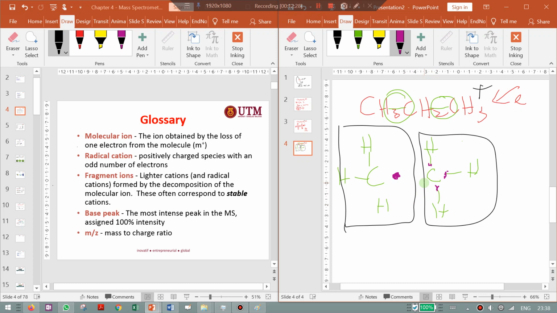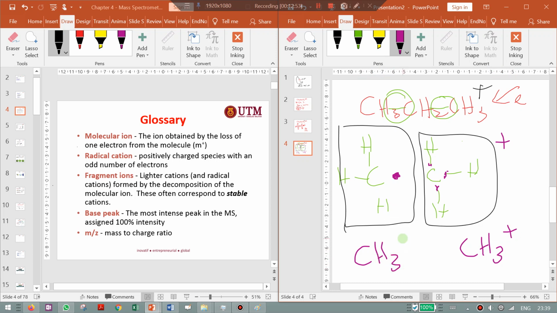Because one electron is already lost, we know that the electron number is less than the total number of protons by 1, so it becomes positively charged. So it becomes CH3 plus. This one becomes a CH3 radical.